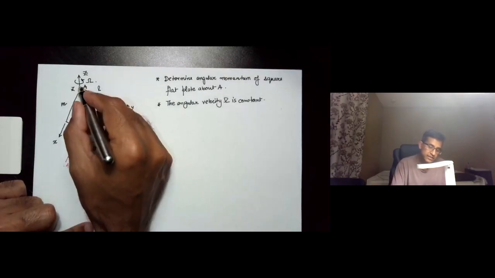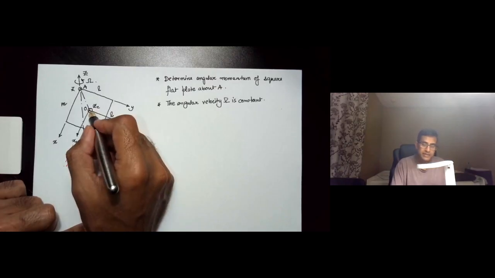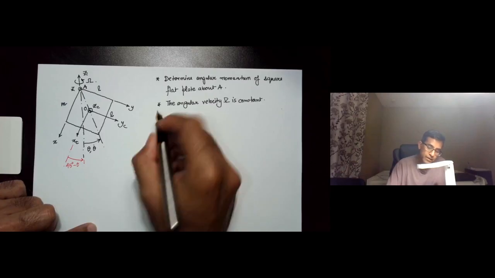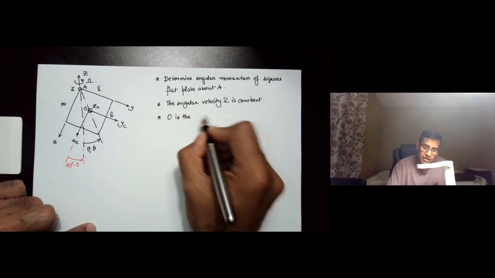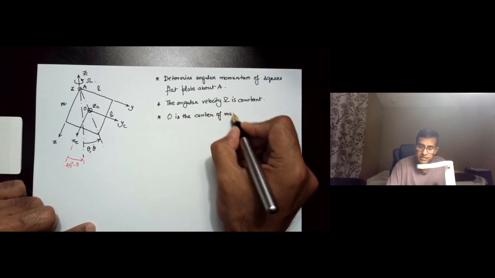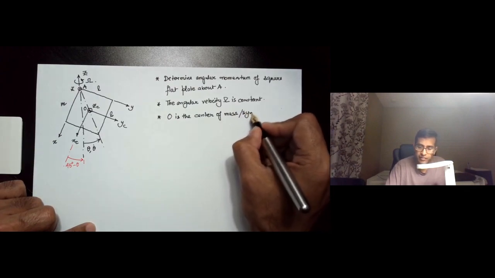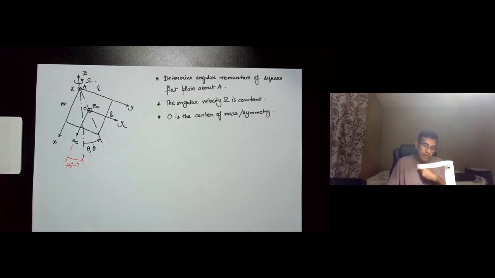Z sub c has the same direction as z, with the exception that it passes through the center of mass O. Just to point out that O is the center of mass or center of symmetry.